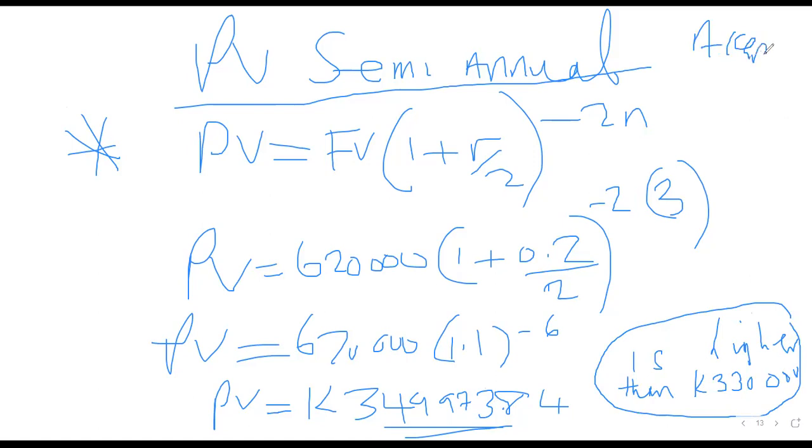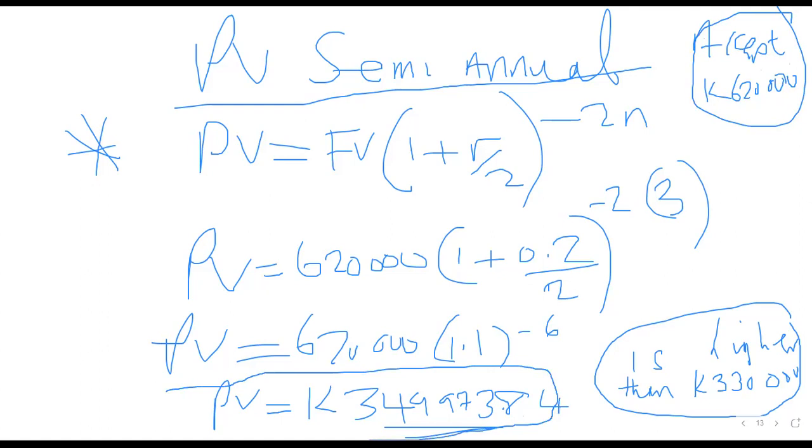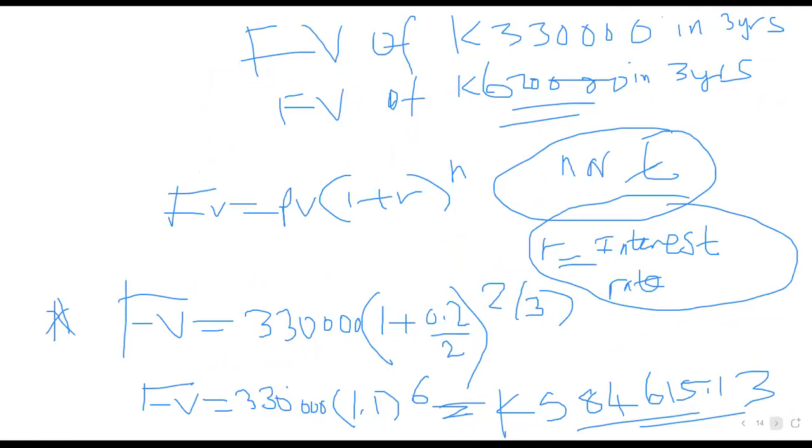Are we together? Yes. Accept getting 620,000 in 3 years from now, because it gives us a higher present value than the 330,000. That's option 1. Option 2, the future value of 330,000 in 3 years. We found 584, which is actually less than 620,000, right?